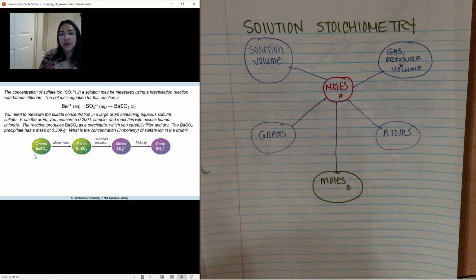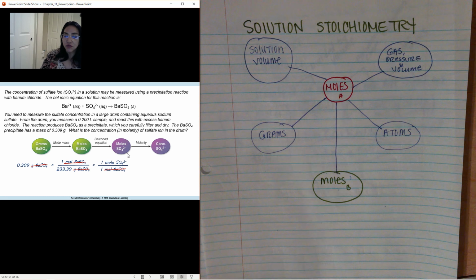Okay, so now we're going to go from grams to moles, from moles to moles, and from moles to our concentration. So we're going to take different steps, right? So the grams of barium sulfate, use the molar mass in order to turn it into moles of barium sulfate. Use the balanced chemical equation to go from moles of barium sulfate to moles of your ion, which is your sulfate ion.